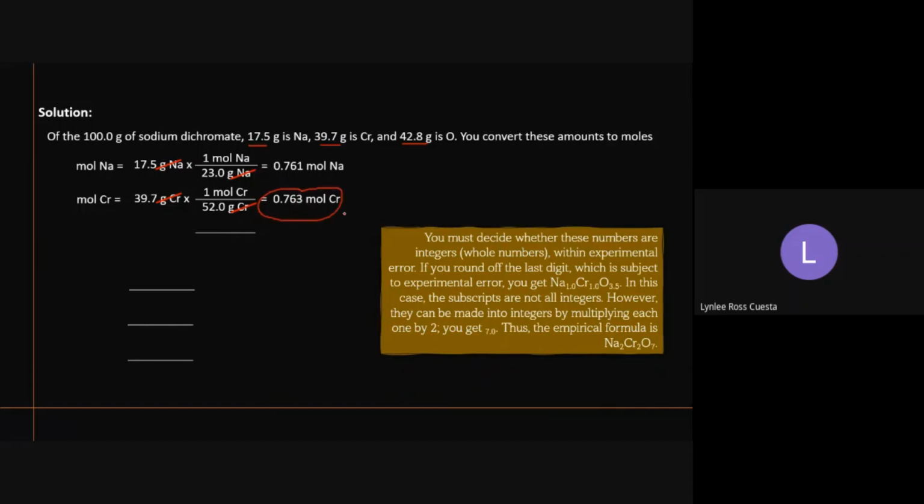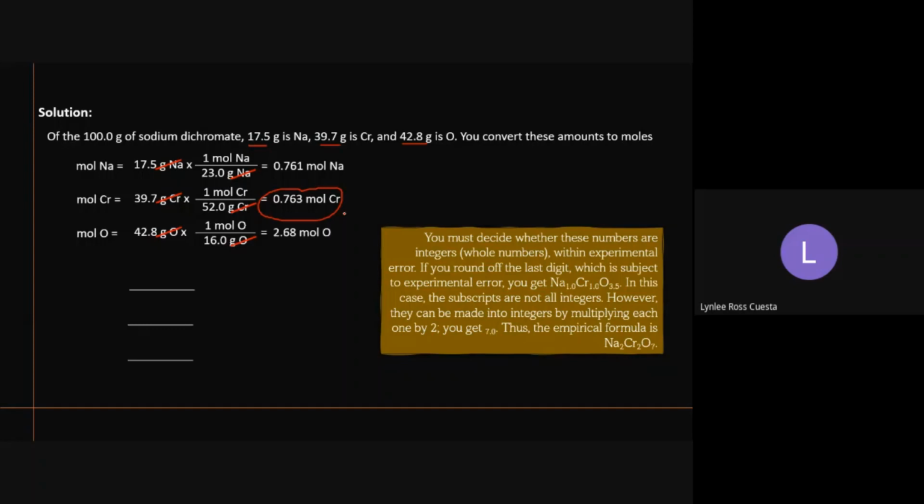And for the mole of oxygen, you also write the mass of oxygen given in this problem. So you have 42.8 grams of oxygen times its conversion factor. You have 1 mole of oxygen is equal to 16.0 grams of oxygen. So you simply cancel out the grams for us to be able to get the mole of oxygen.